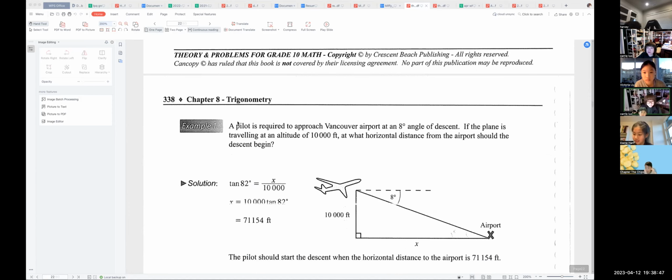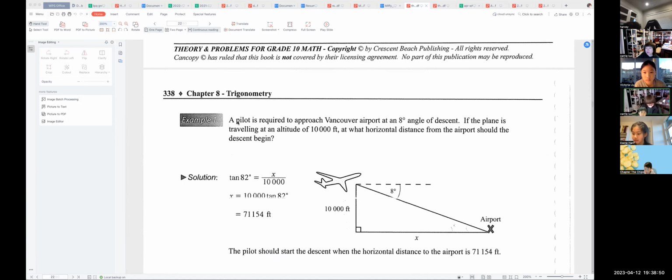So let's take a look at this one, okay? How is trigonometry used in real life? A pilot is required to approach Vancouver Airport at an 8 degrees angle of descent. So that means the plane is going down; instead of elevation, it's descent. Understand? This tells us whether it's landing or taking off. It's landing. Okay, so he is making this angle here, okay?